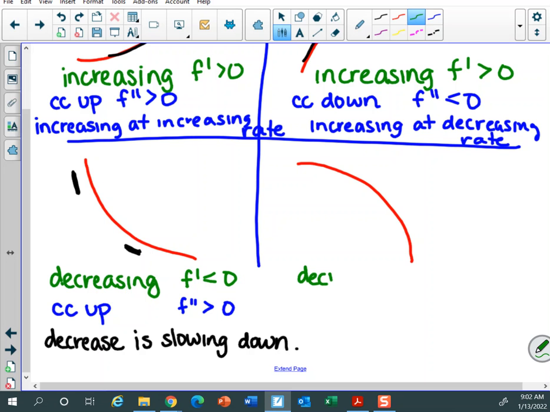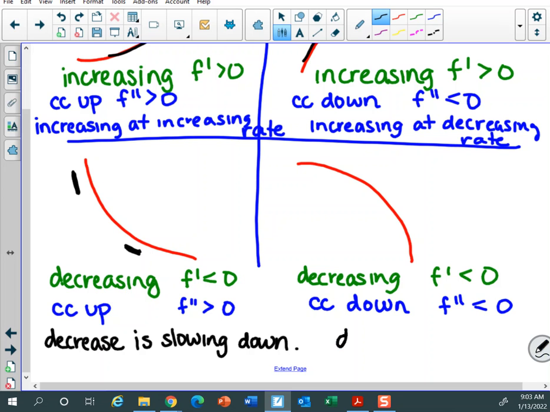Versus this guy, where we're decreasing, but we're concave down. And my decrease is speeding up.